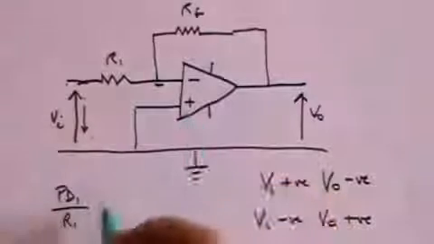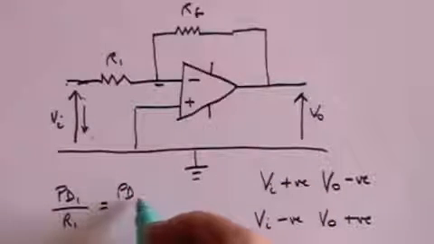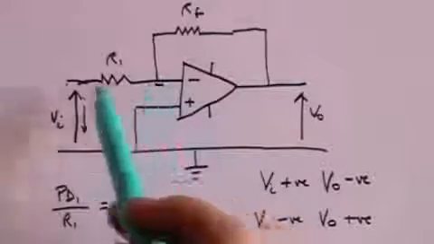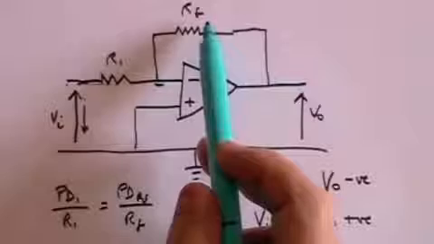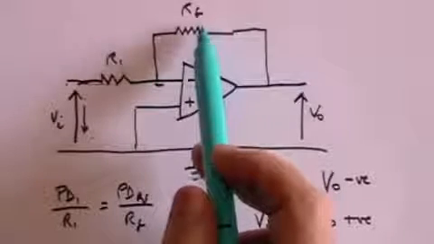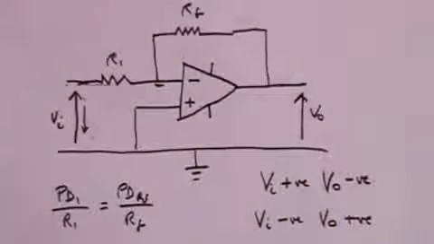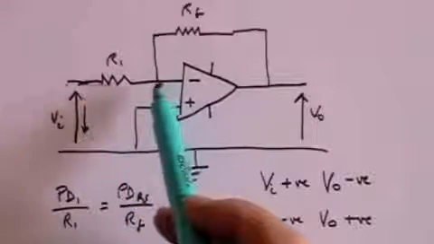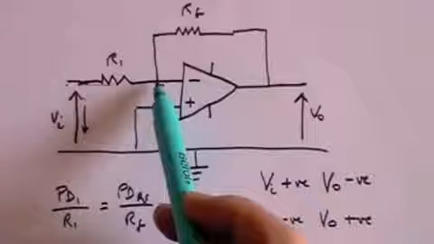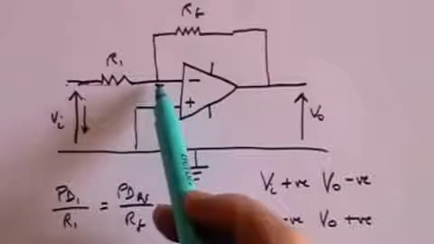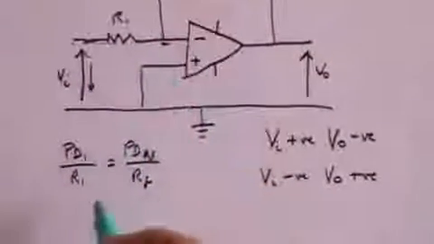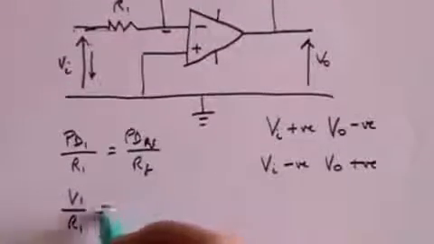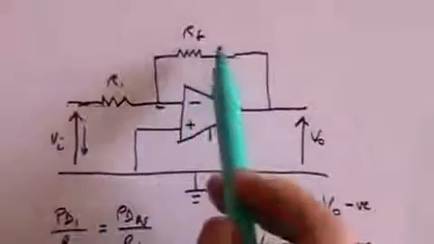But the current that goes through RF is going to be the PD across RF divided by RF, because the same current goes through both, and current is voltage divided by resistance. What is the voltage across R1? Well, it's V input minus whatever this is here. But I've just told you that's a virtual earth, so it's 0. So the voltage across R1 is V1. So V1 divided by R1 equals the potential difference across RF.